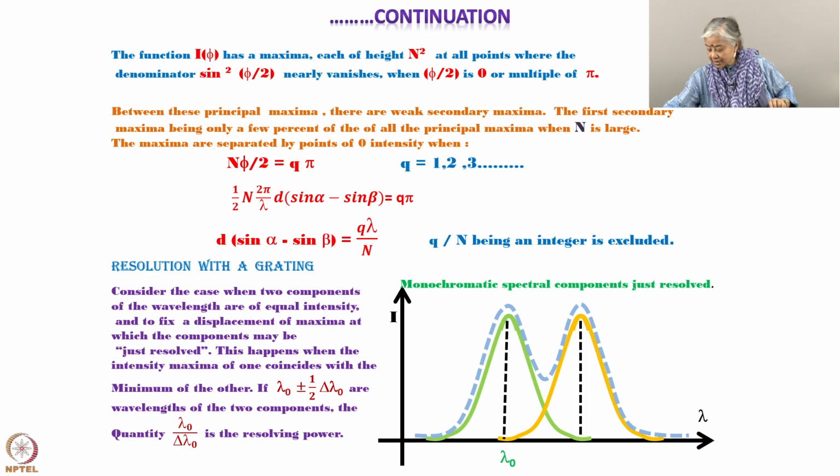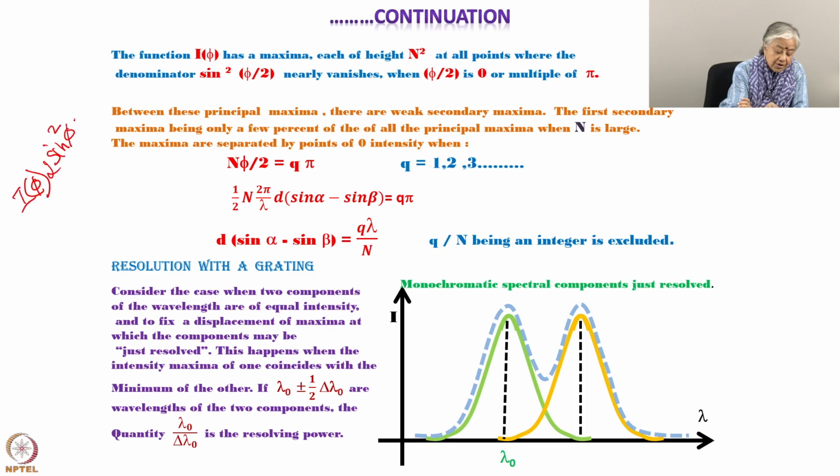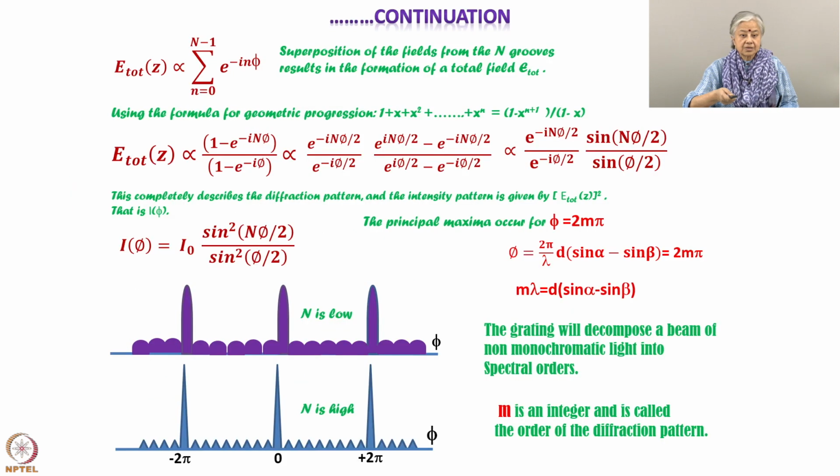So, what I am just saying here is that I of phi is of the form sin squared (N phi by 2) upon sin squared (phi by 2), as I have just written in the previous slide.